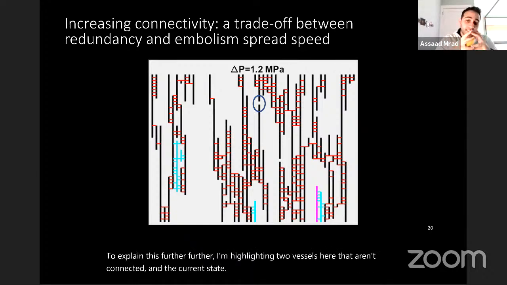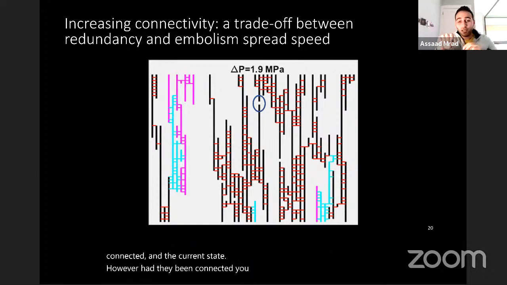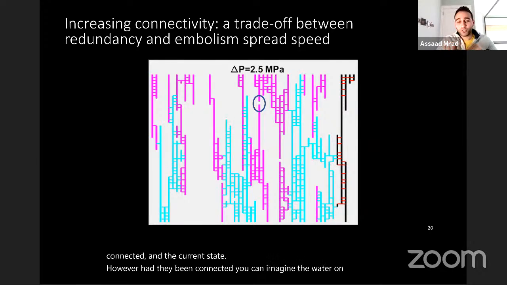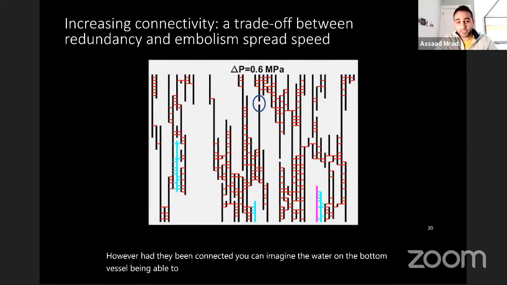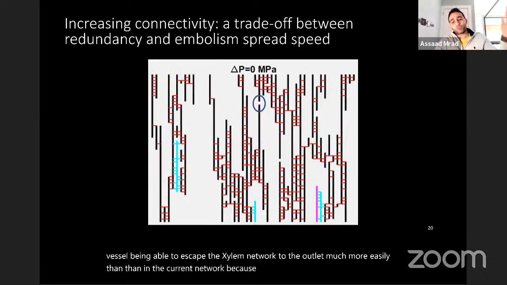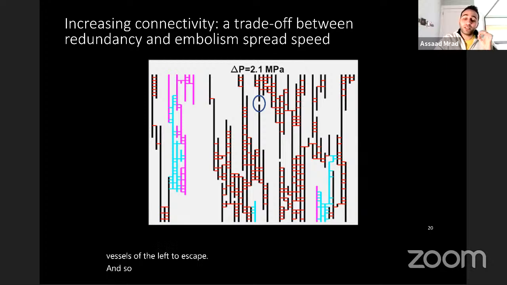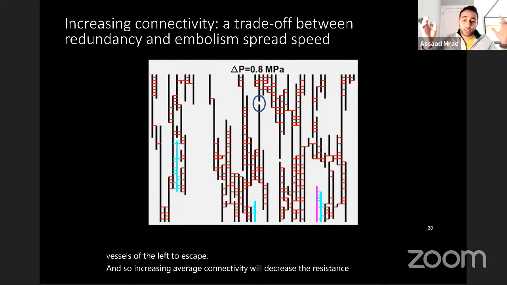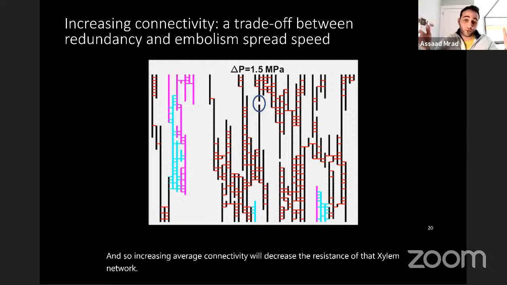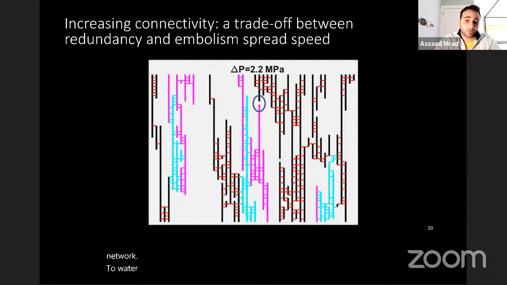However, had they been connected, you can imagine the water on the bottom vessel being able to escape the xylem network to the outlet much more easily than in the current network, because currently it needs to move 4 vessels to the left to escape. And so increasing average connectivity will decrease the resistance of that xylem network to water flow.